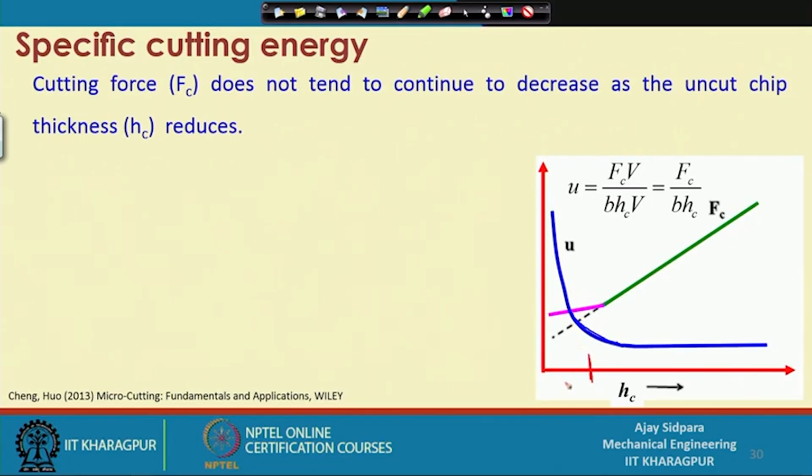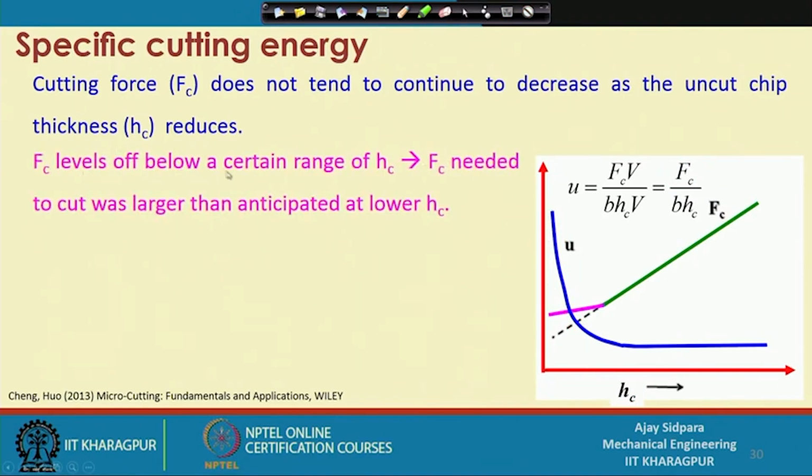So, now what we are talking about uncut chip thickness in this particular range. So, now we can think about the specific cutting energy of the grinding, because when you do grinding operation, your chip thickness is very small compared to your turning operation and the milling operation. So, now this increase of specific cutting energy is actually directly connected with the uncut chip thickness reduction with respect to reduction in the cutting force, and that is what is happening here.